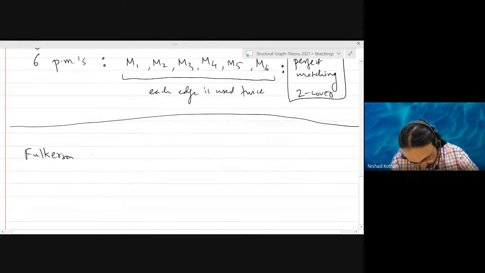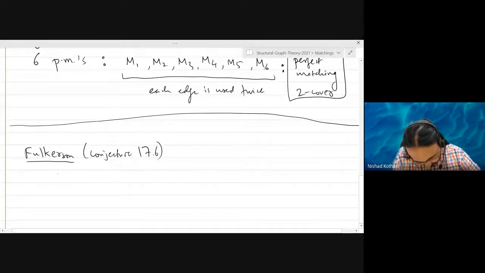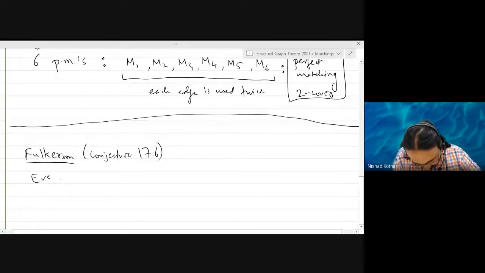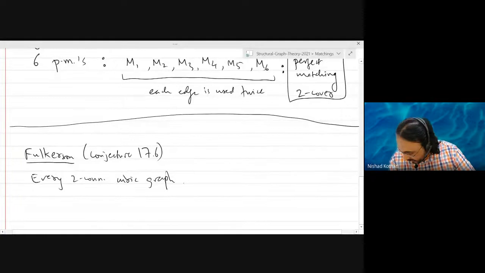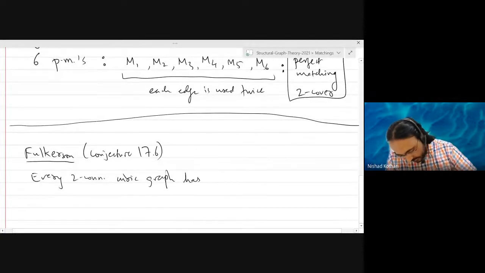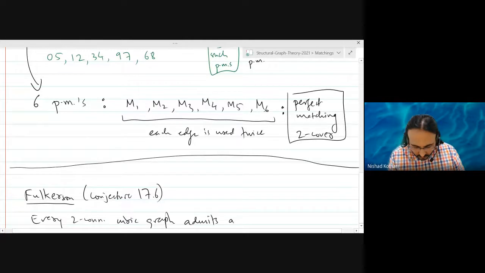This is conjecture 17.6: every two connected cubic graph admits a perfect matching two cover.